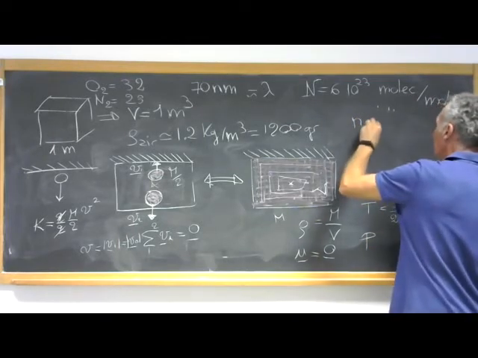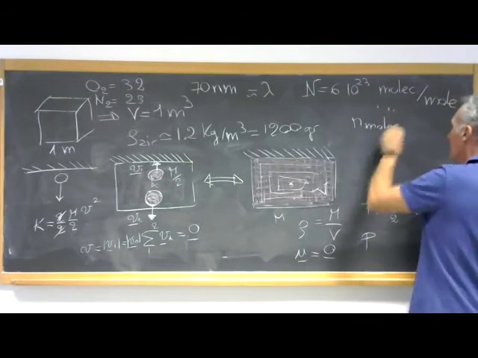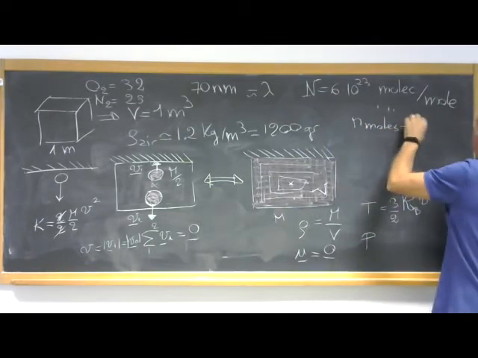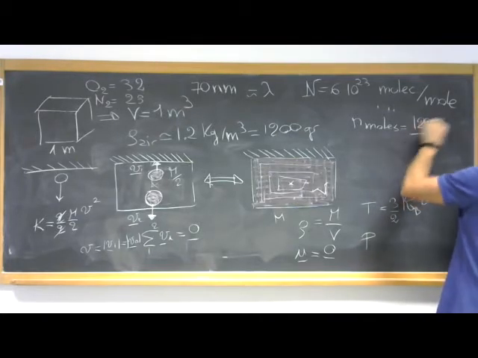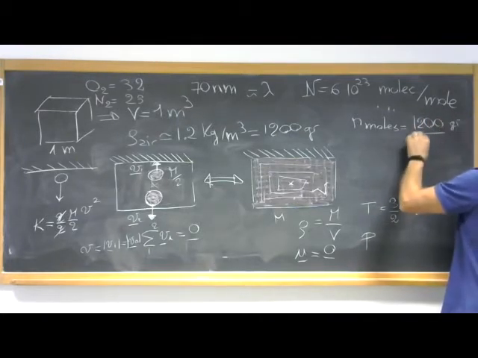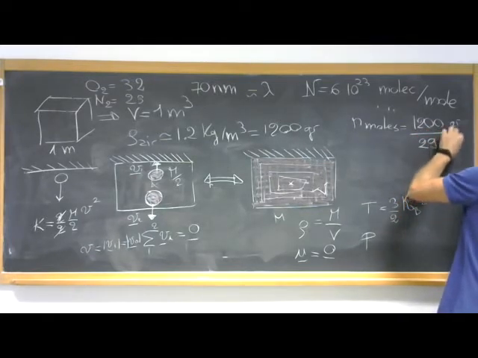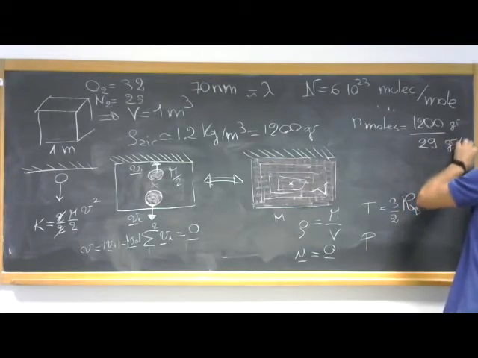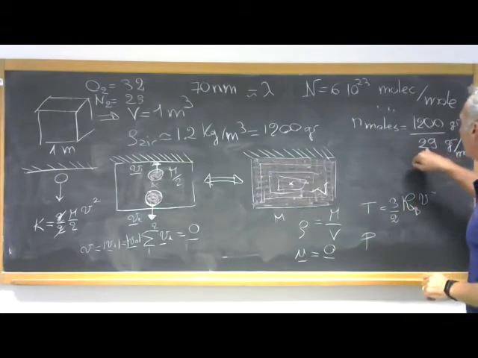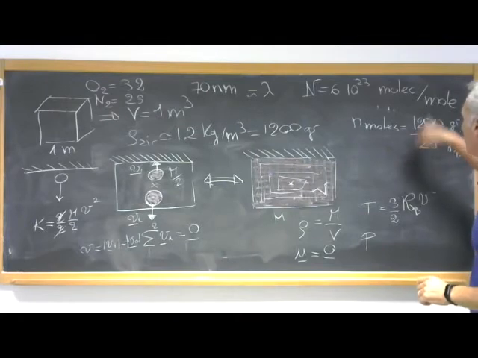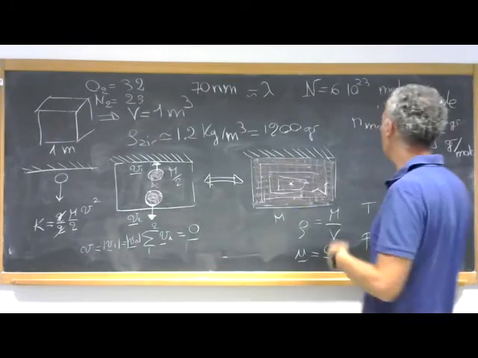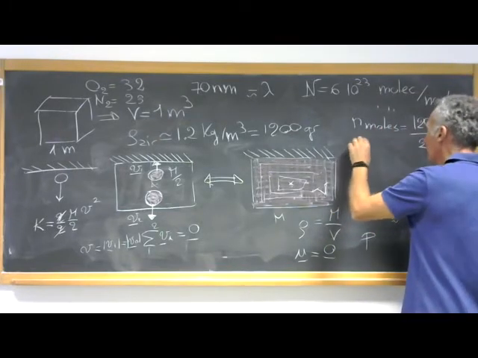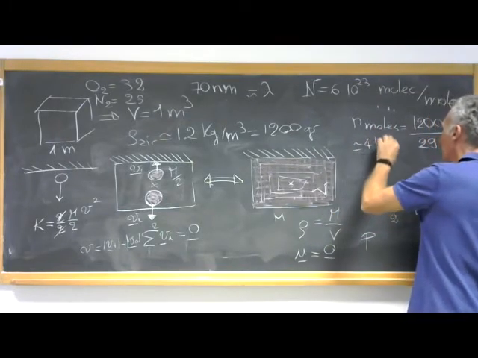The number of moles for air would be 1200 grams divided by 29 grams per mole. If it were 30, this would be 40. Since it is 29, it is something like 41. So about 41 moles.